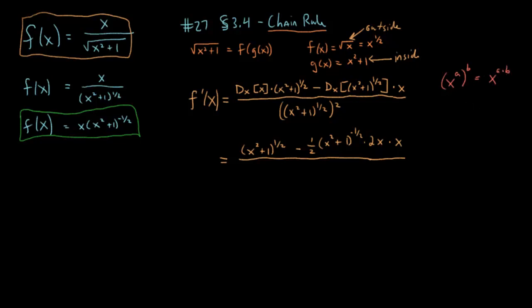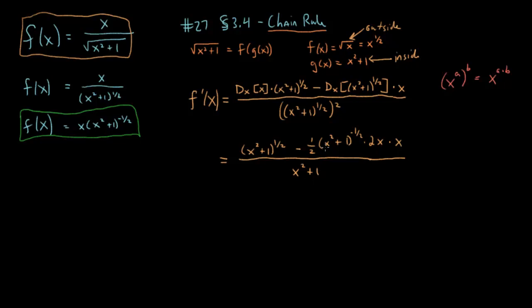Okay, so you multiply the exponents when you have an exponential expression raised to another power. So we have a 1/2 power raised to a second power, so you can multiply those two exponents. 1/2 times 2 is 1. So in the denominator, we just simply get x squared plus 1 to the first power, otherwise known as just x squared plus 1. Now, this is the derivative.